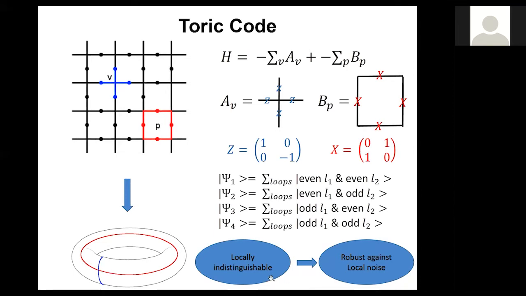From this property, you can infer robustness against local noise, simply because if they look locally the same, local noise is not able to change you from one state to another state, which would disrupt the information that you stored.